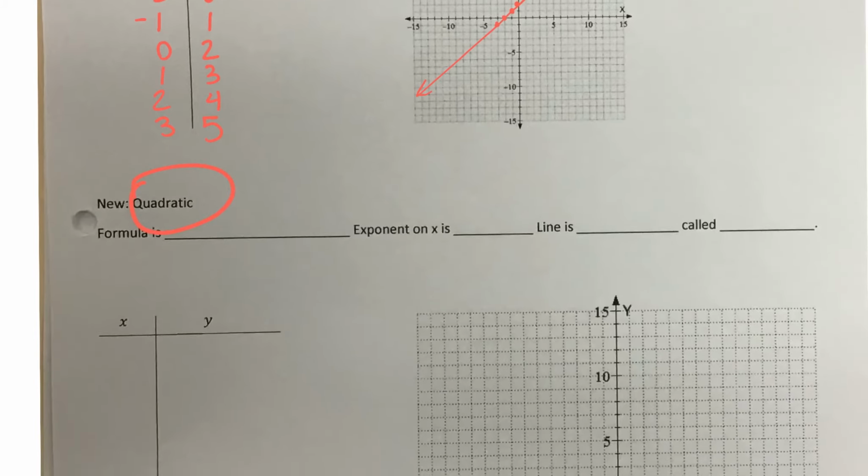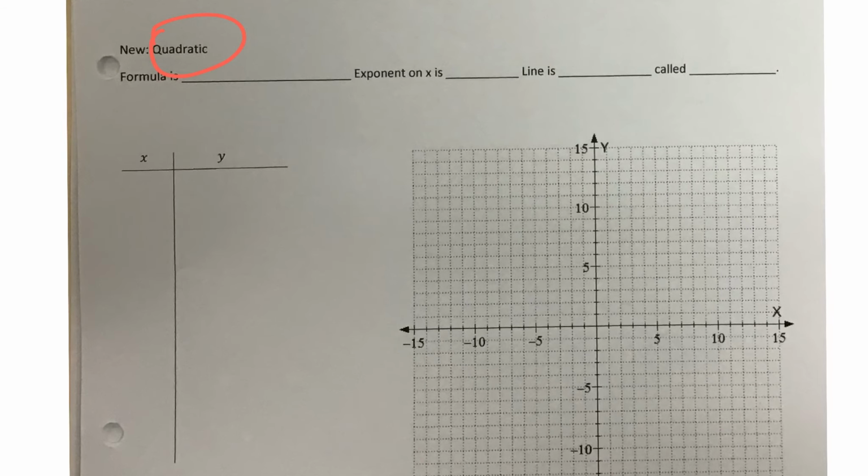Okay, so our new stuff is called quadratics. And this formula looks different. I'm going to erase this circle I made because it's in my way. All right, this looks a little different. And it has a formula that is crazy, and it is y equals ax squared plus bx plus c.